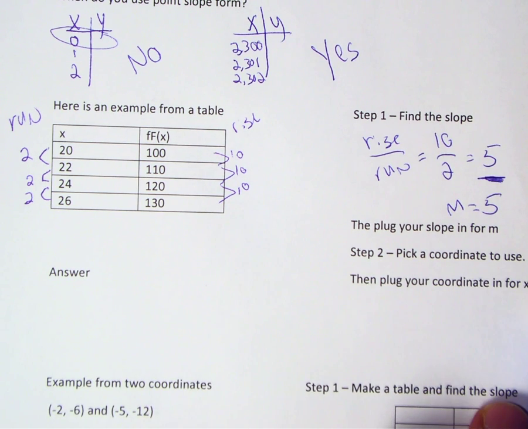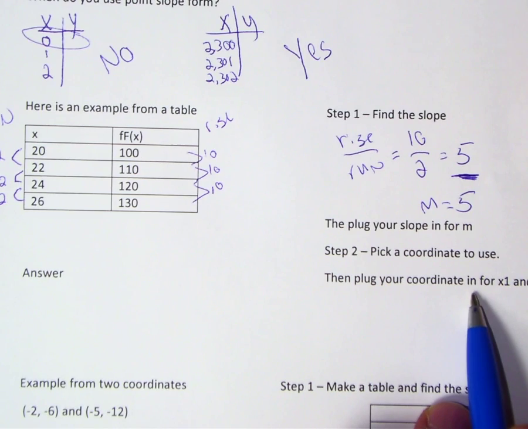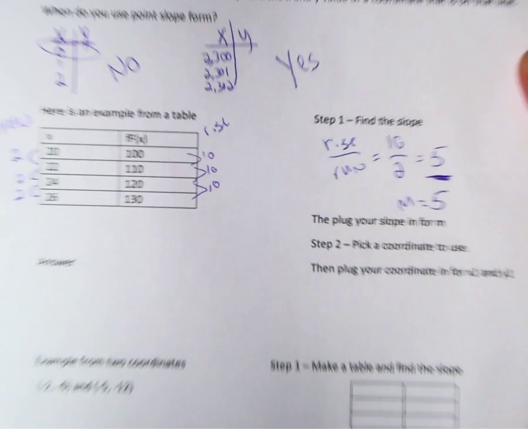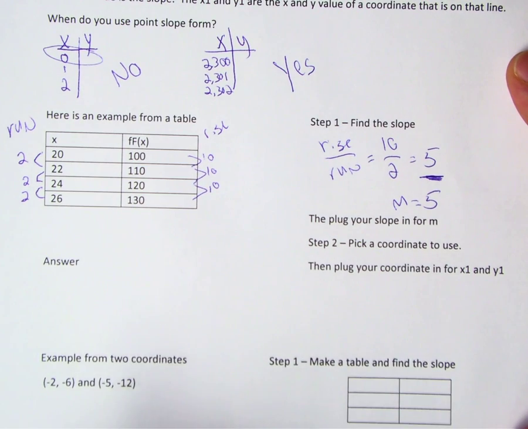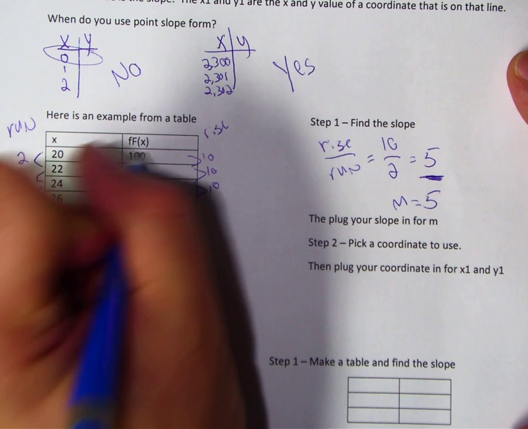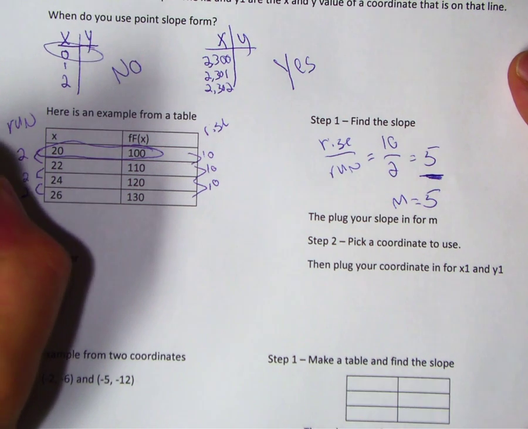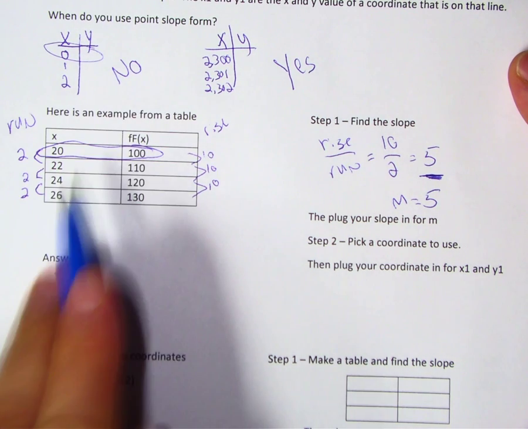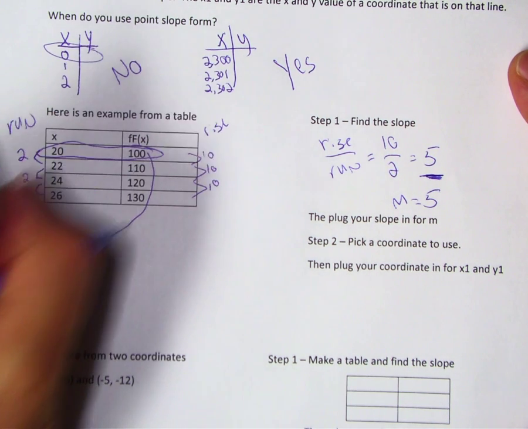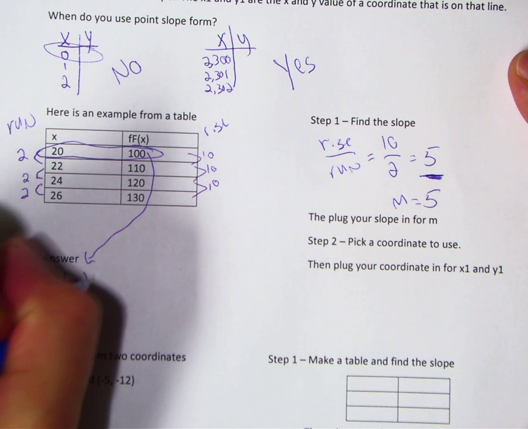Step number 2 is just to plug in coordinates for x sub 1 and y sub 1. So we're just going to take any coordinate you want. I'm going to take the 2, 100, right? And I'm going to plug those in. So when I write this out, I'm going to write it as y minus, again, I've got to use the y value, so I'm going to bring the y value here, so minus 100.